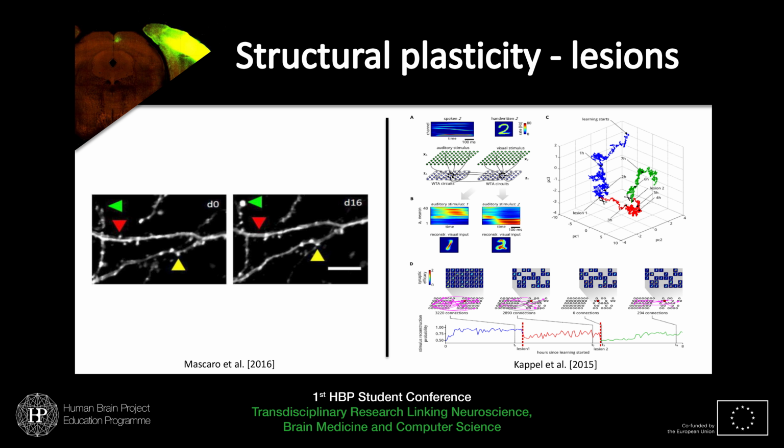So new synapses can form. And on the right, there is a computational model of that, where you can see concepts, associations between concepts being regained after artificially inserting a lesion. So we don't currently have that on SpiNNaker. Cores can die, but you can't really recover from that.